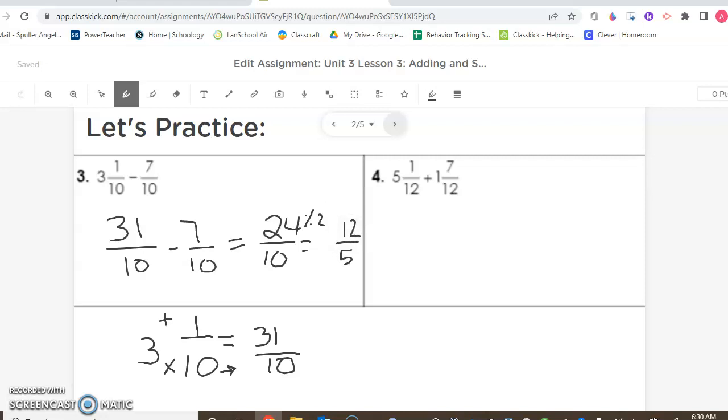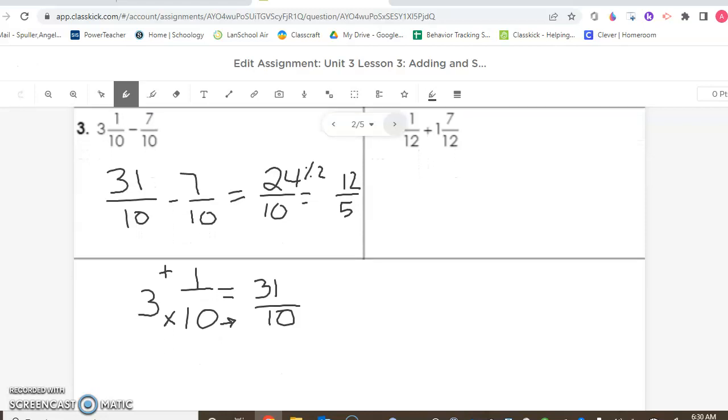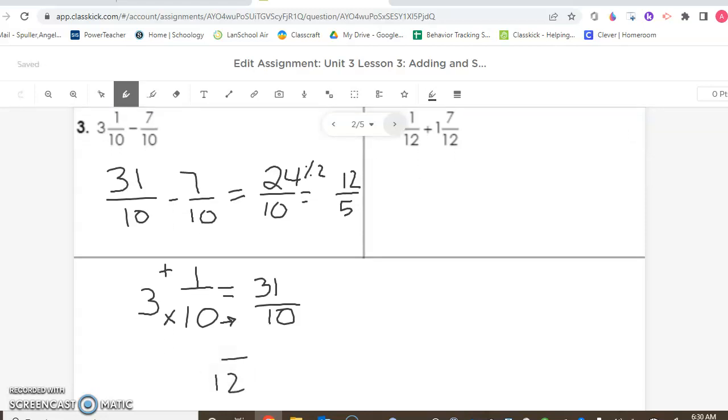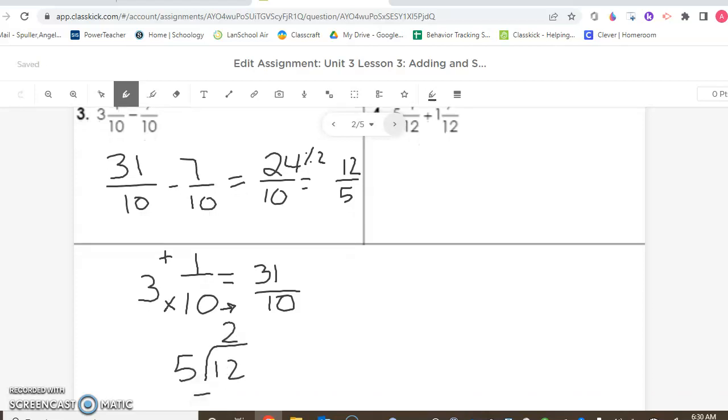Remember, I can make it into a mixed number by dividing. 5 goes into 12 2 times. That gives me 10 with 2 left over. So it's equal to, remember, this becomes the whole number, this becomes the pieces, and the denominator stays the same.